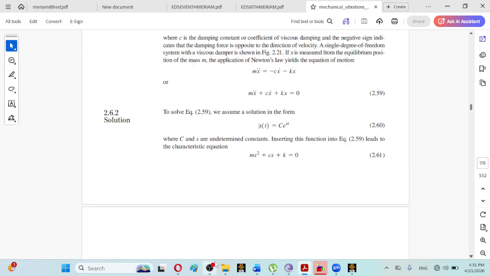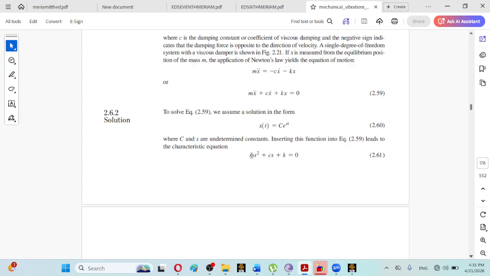And again remember that this is called the characteristic equation for the corresponding governing equation 2.59. This is the governing equation, and this is its characteristic equation, or frequency equation.